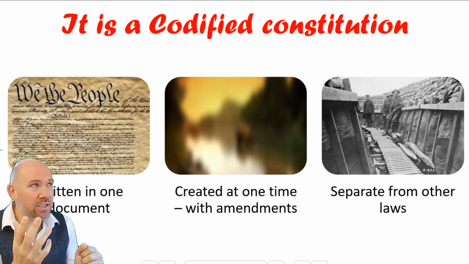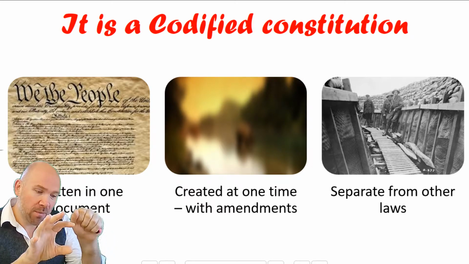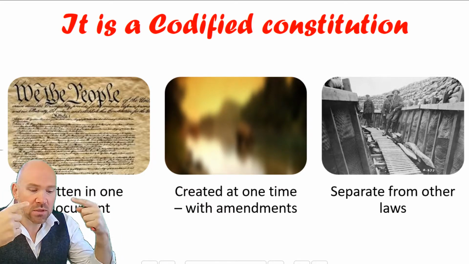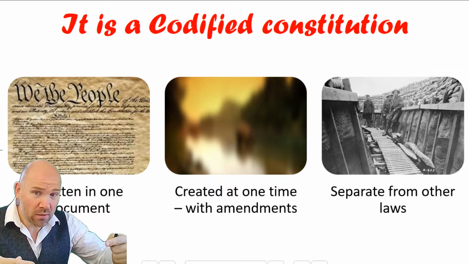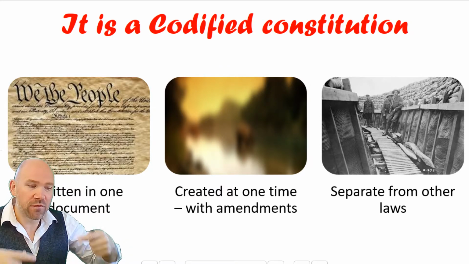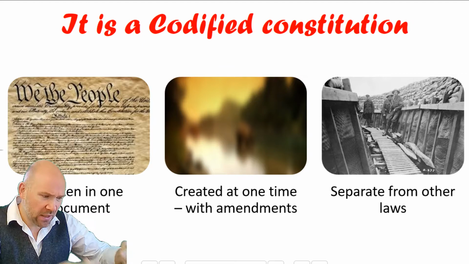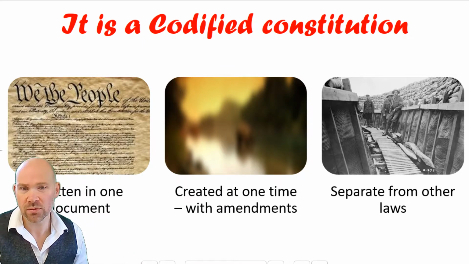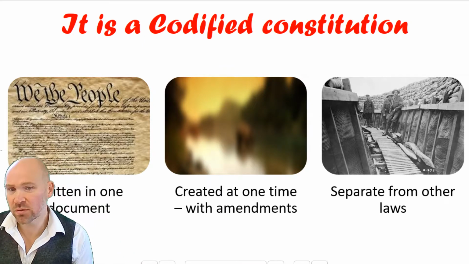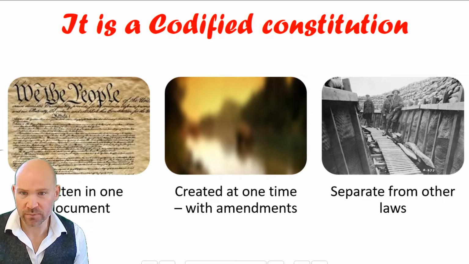But although taxes actually appears in both. But my point is that these laws that describe how a country is run are separate from the laws that actually govern that country, or what people have to do or not do. And in most cases, that means they are entrenched as well. So that's a codified constitution.